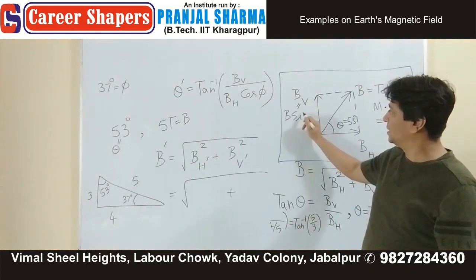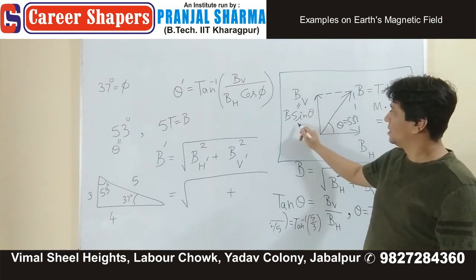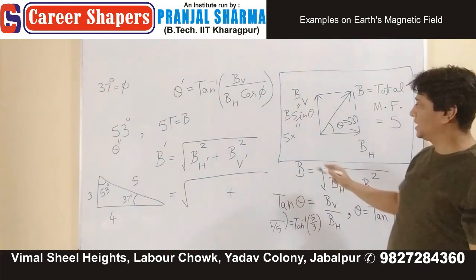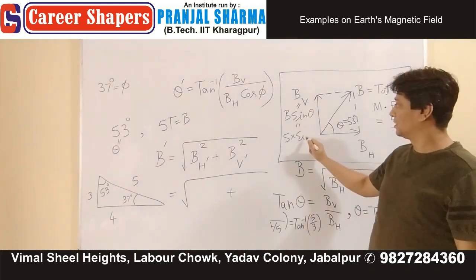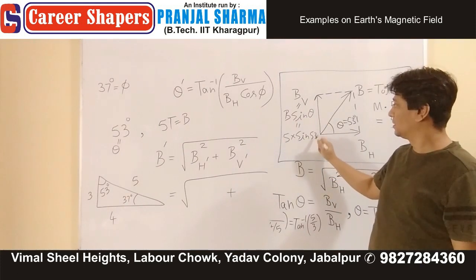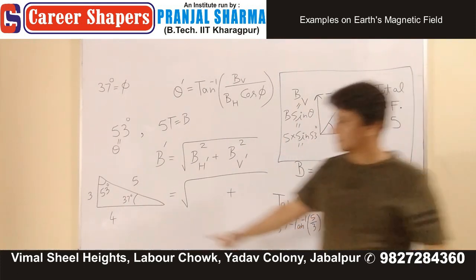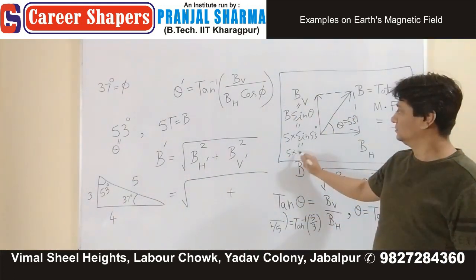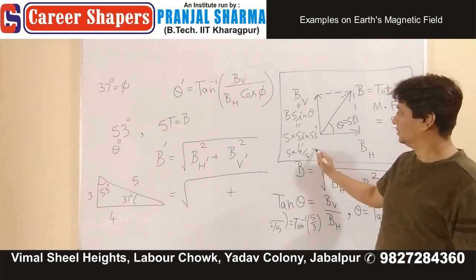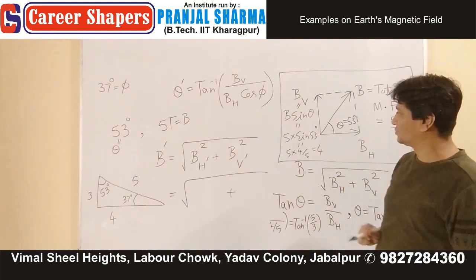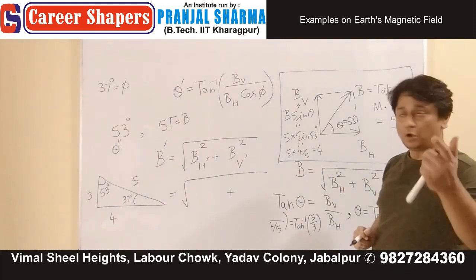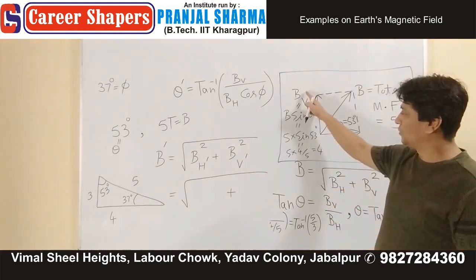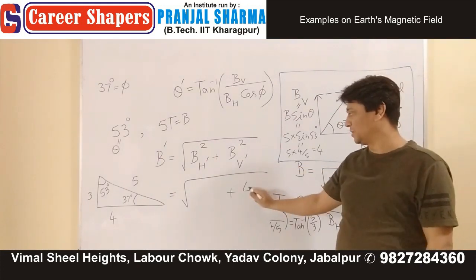B sine theta, sine 53. Sine 53 is 4 by 5. 5 and 5 cancel, this is 4. We know that vertical component will remain same, and therefore BV dash is simply 4.